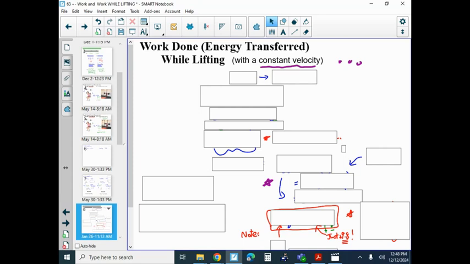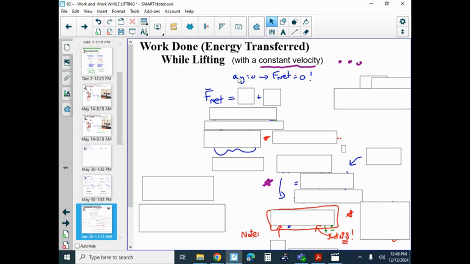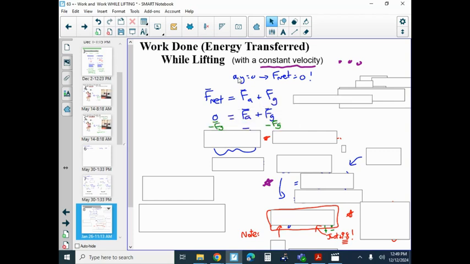This slipped out, sorry. So when you look at work done and we're looking at the energy transferred, and you have a constant velocity lift situation, this is what I did on the other page already, just to show it specifically again here. We've got our applied force and our gravity force have to add to 0, and so we get that our applied force equals our negative Fg, right?